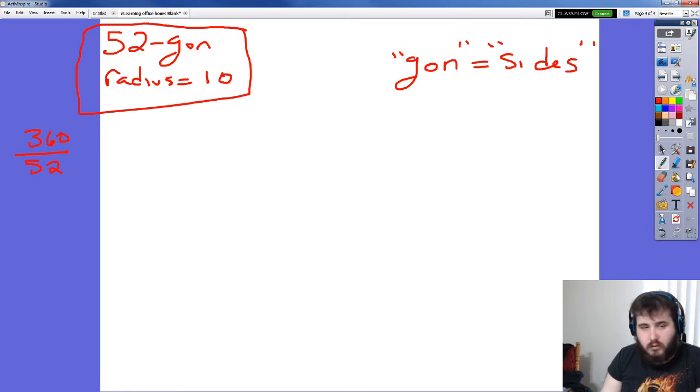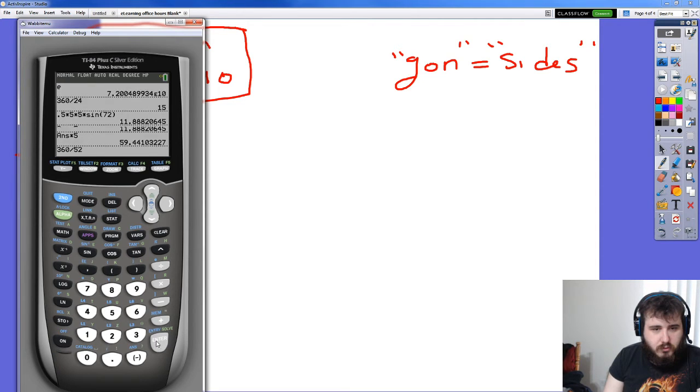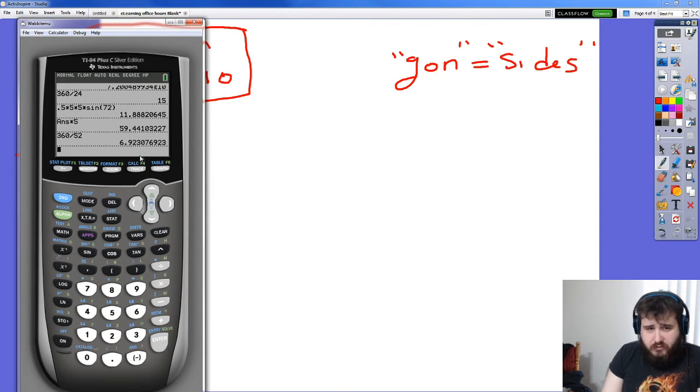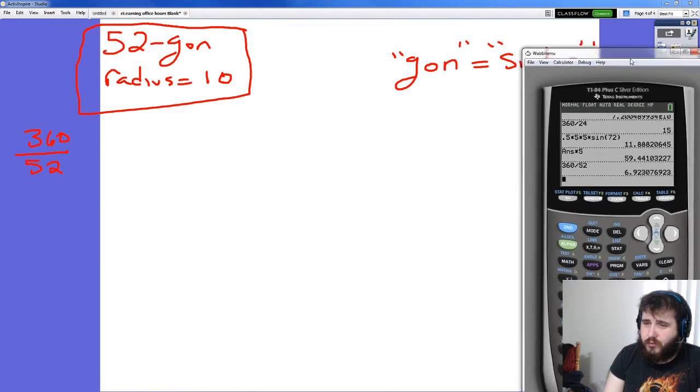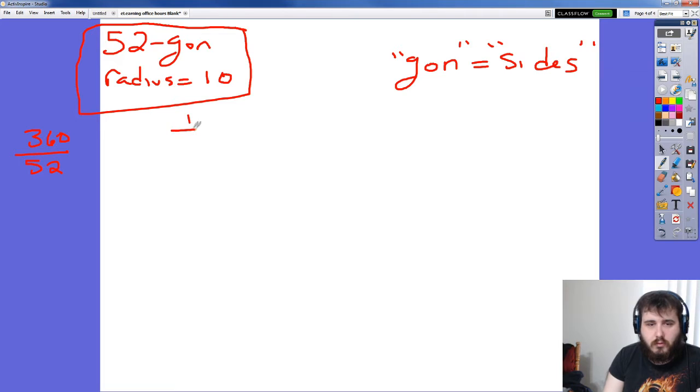It's going to be around 7, but let's do it in the calculator to get something actual. Like I said, it's around 6.9. But now we do need to have the exact thing. So when I go through and write this out, this is my x.